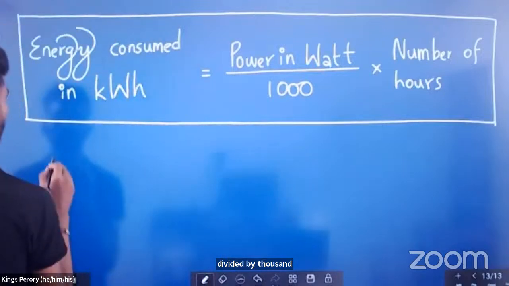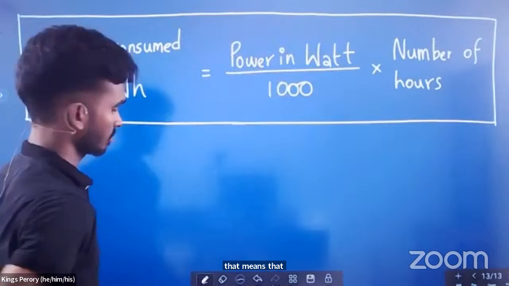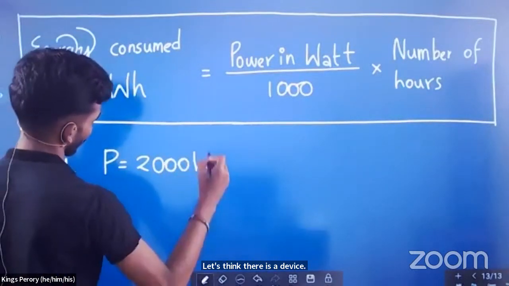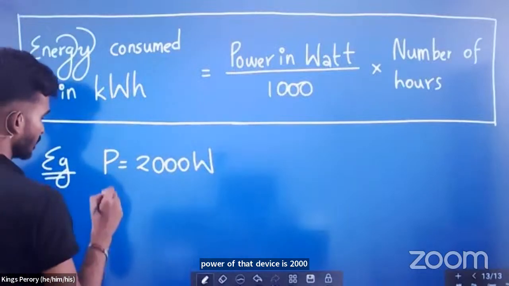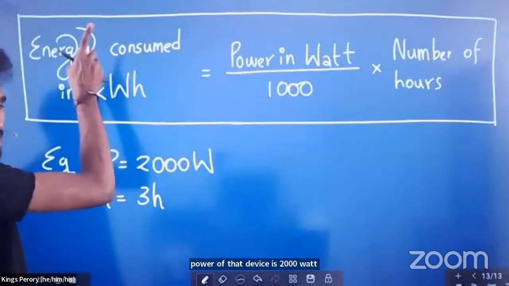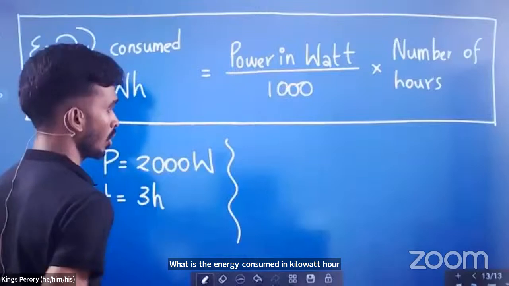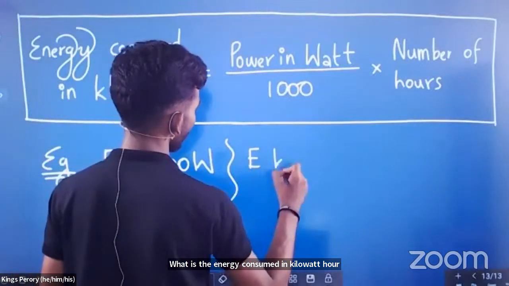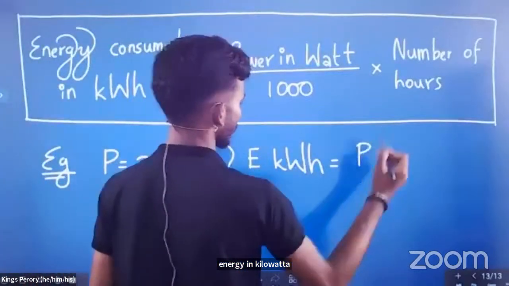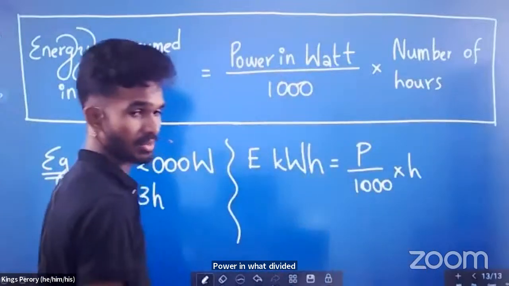For example, let's take there is a device. Power of that device is 2000 watt. It is working for a time of 3 hours. What is the energy consumed in kilowatt hour? Very simple. Energy in kilowatt hour is equal to power in watt divided by 1000 multiplied by number of hours.